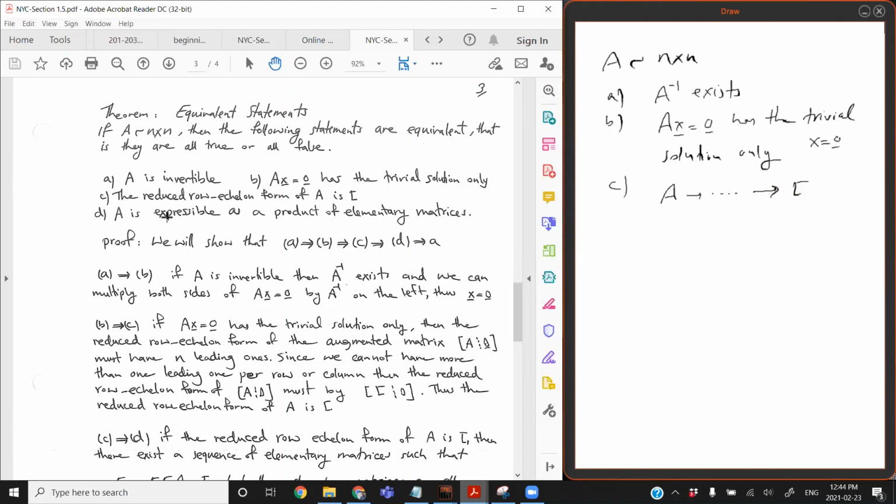And finally, D: A can be expressed as a product of elementary matrices. So there is a way of writing A as a product of elementary matrices.